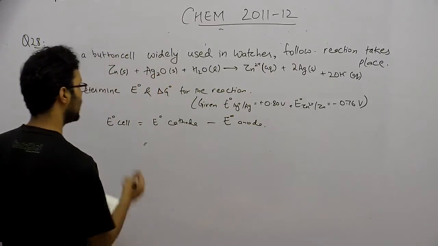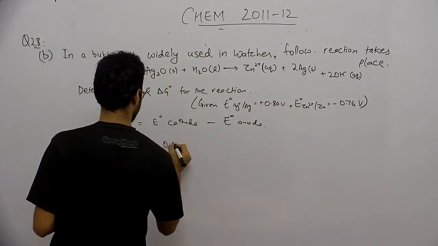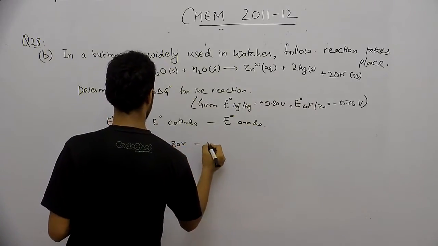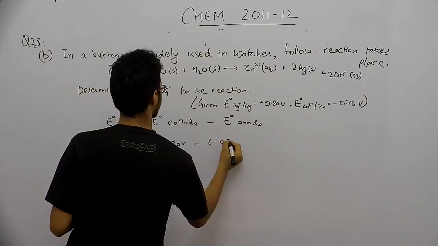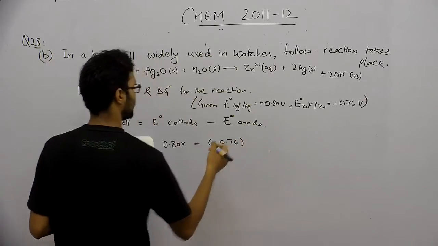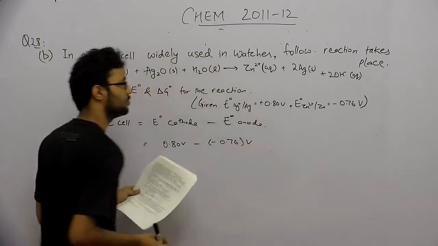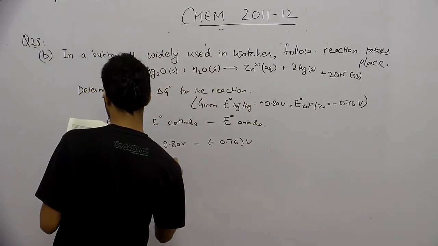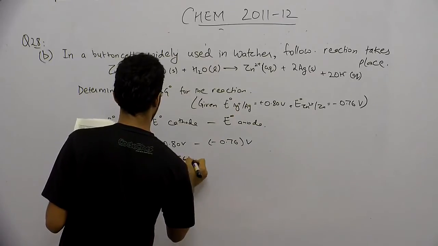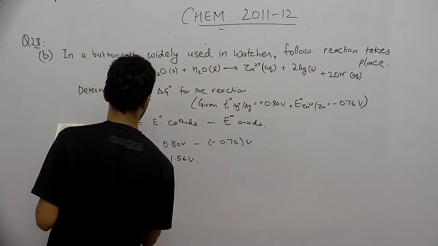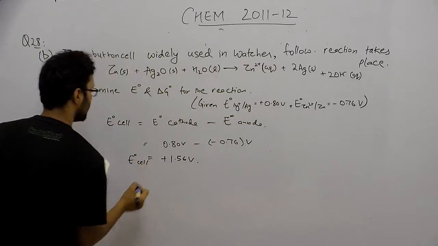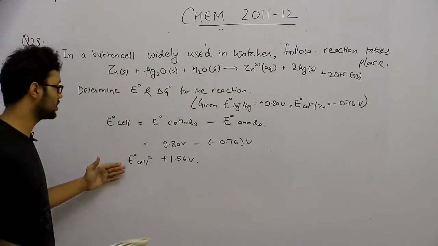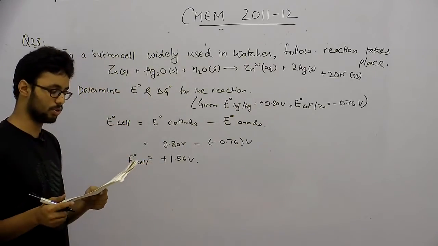So E0 cathode is 0.80 minus the potential for the anode, minus 0.76, and it comes out to be plus 1.56 volt. So E0 value for the cell is plus 1.56 volt.